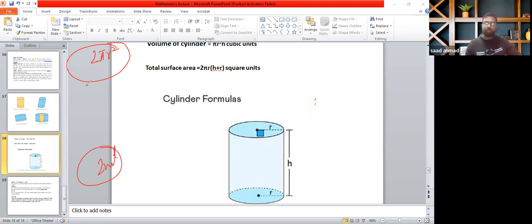But how can we find the area of this circular side? There are two ways to do that. We'll see both ways.